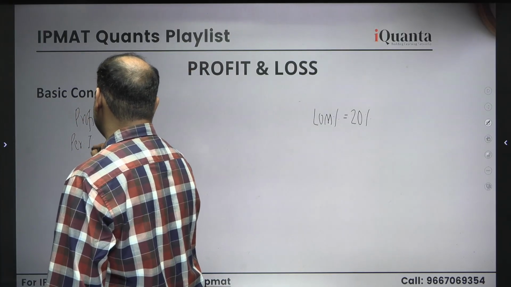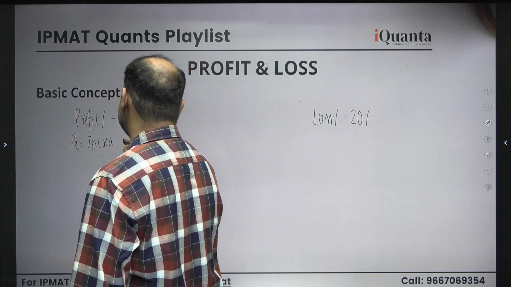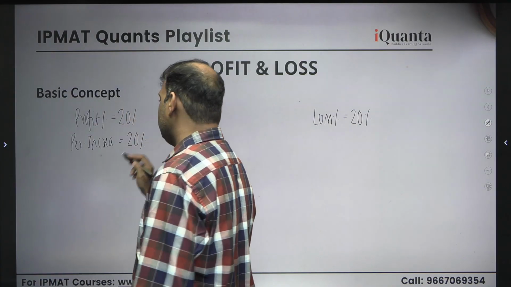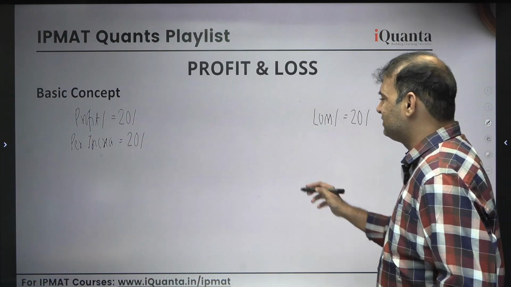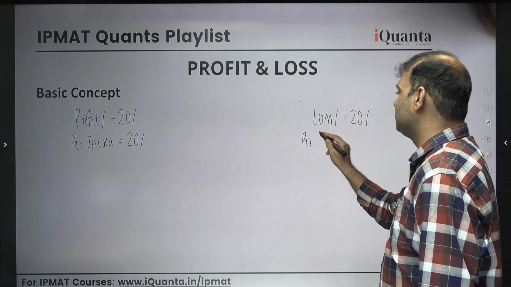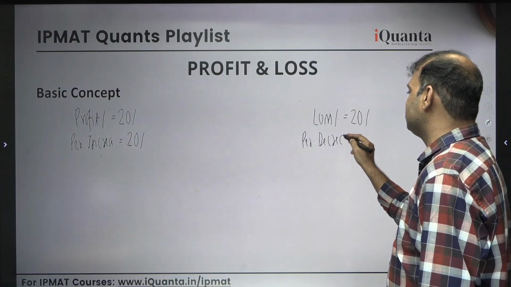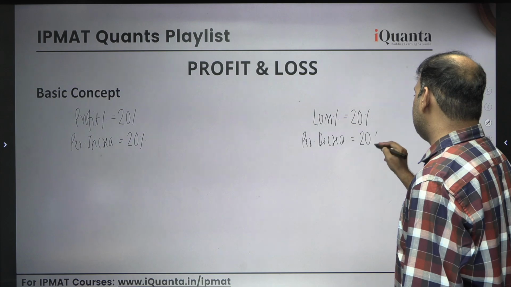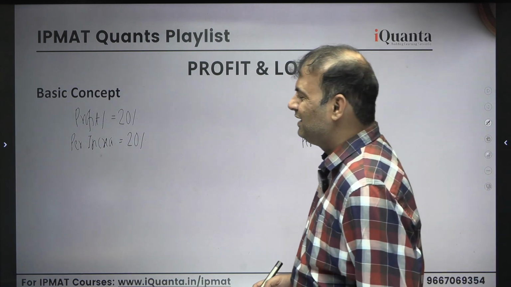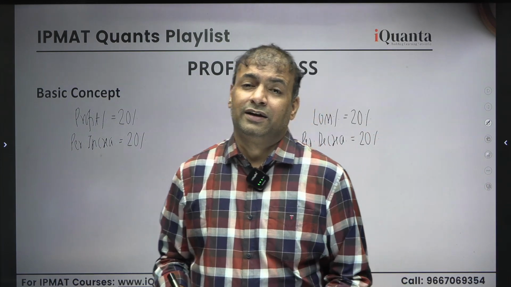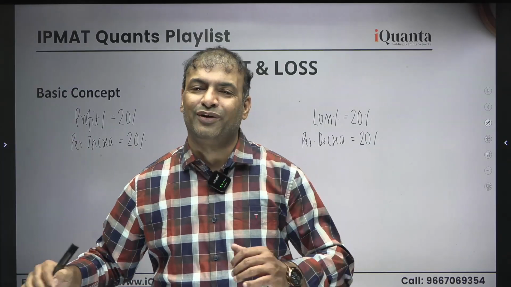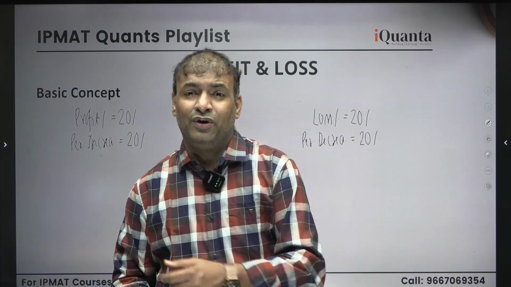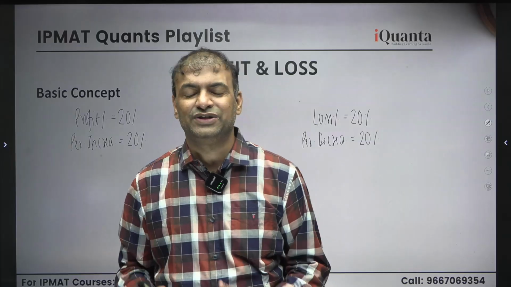So we can say profit percent or percentage increase, they are the same, 20%. Similarly, we have all studied that loss percentage is nothing but a kind of percentage decrease. So again, either it is loss percentage or percentage decrease, they both are equal to 20%, right? Now suppose this is percentage increase and percentage decrease. Let's not call them profit and loss percentage, let's just call them percentage increase and percentage decrease for a moment.